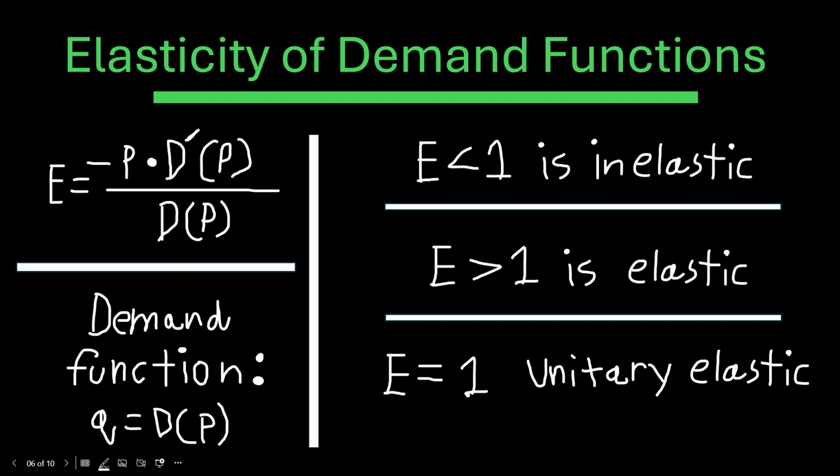But if E is equal to 1, then it's unitary elastic, so prices should neither increase nor decrease. Another important detail is that whenever you see Q, it is equal to the demand function.